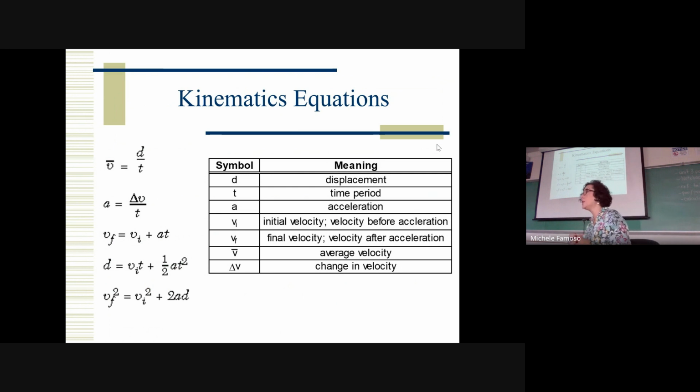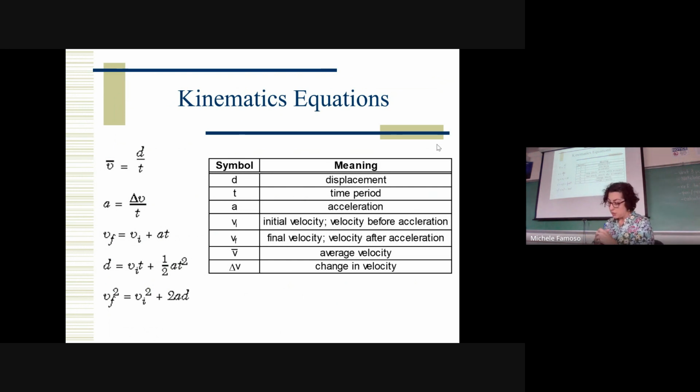A stands for the acceleration of the object measured in meters per second squared. We added VI to our list previously, where VI represents the initial velocity or the velocity at the beginning of the time before the acceleration occurred. VF stands for the final velocity or the velocity after the acceleration has occurred.